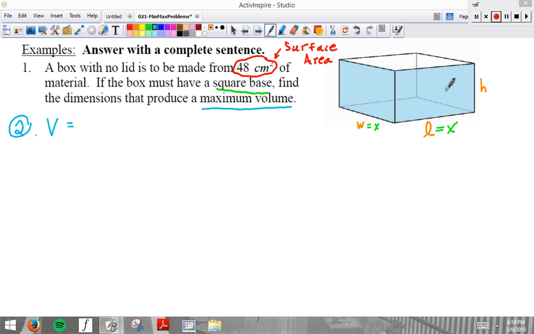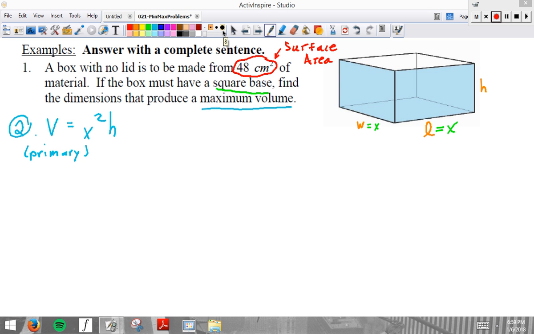So that would be x times x, or x squared, times h. And this would be my primary equation. Again, that's primary equation because it's what I'm trying to maximize or minimize. But maximize in this case, for sure.